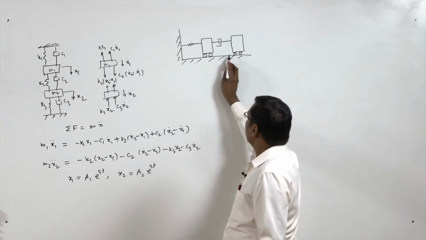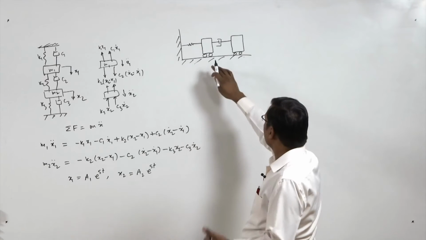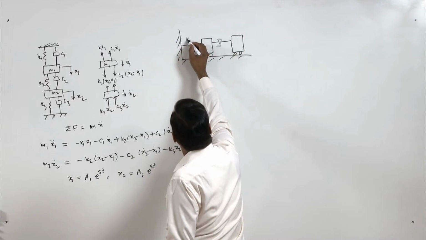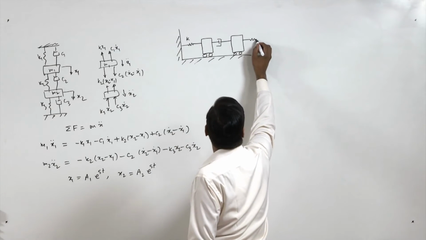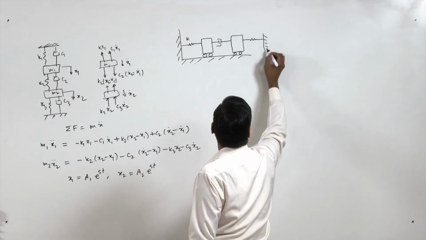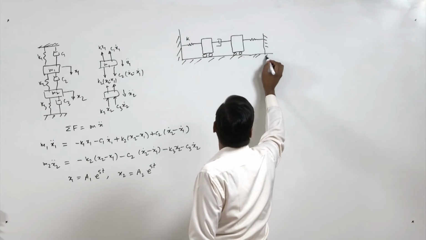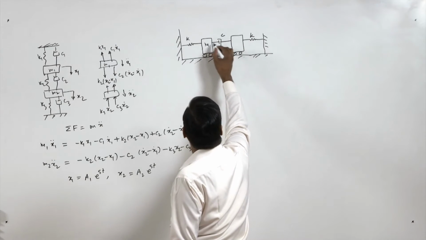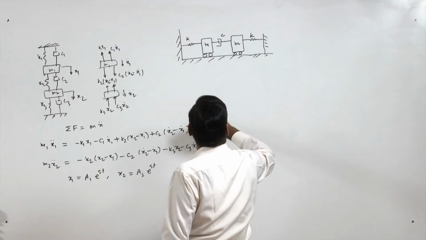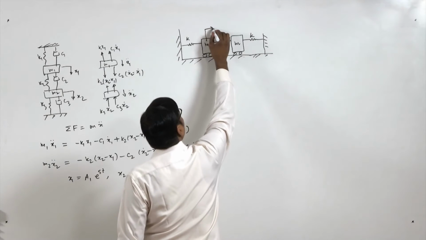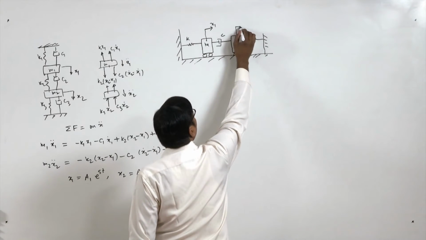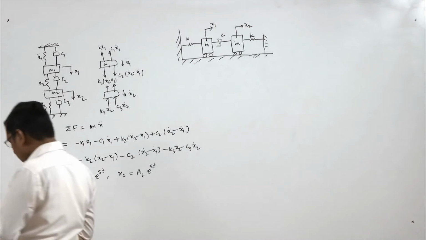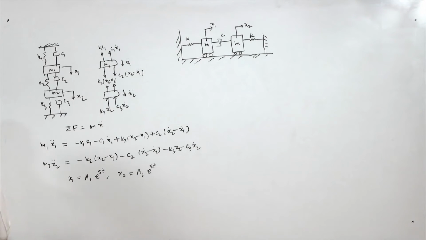So there is no friction between the mass and the surface, and this is K, and here is again one spring. So this is also K, and this is C, this is M, this is M, and this is x1 and this is x2. So this is the system.